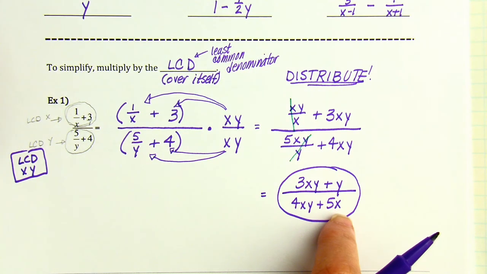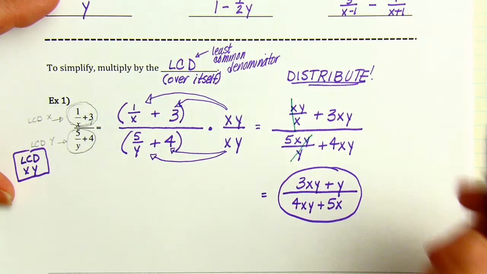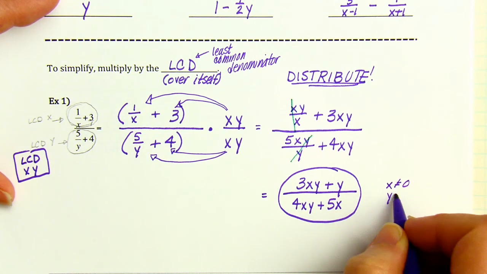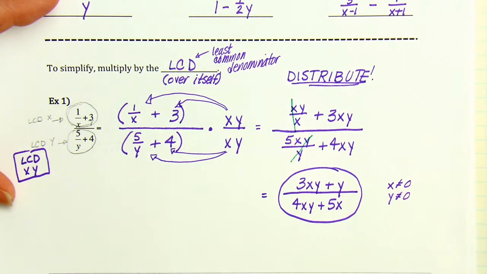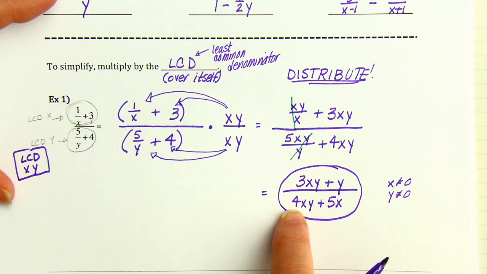Typically with these, we don't do that, at least not in Honors Algebra 2. But if you wanted to at least list the restriction of x and y can't be 0, we could do that. Okay, if you're interested in seeing a restriction there, just ask in class, and I will help you out with that.